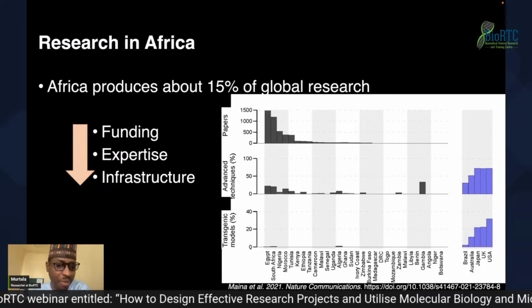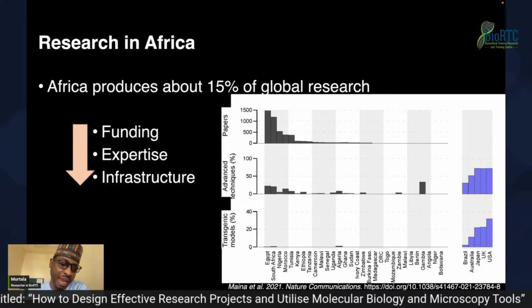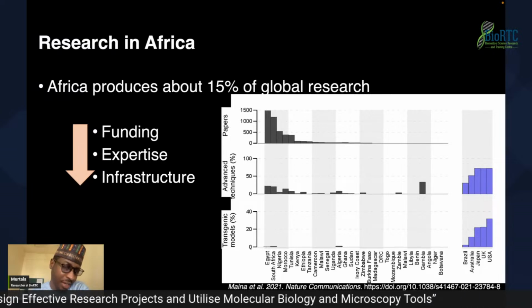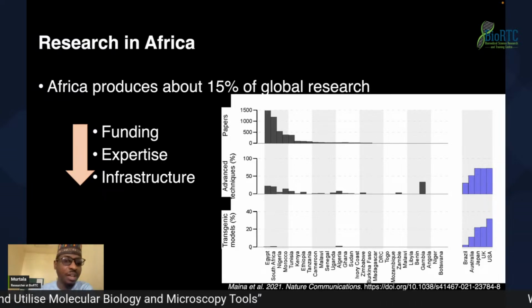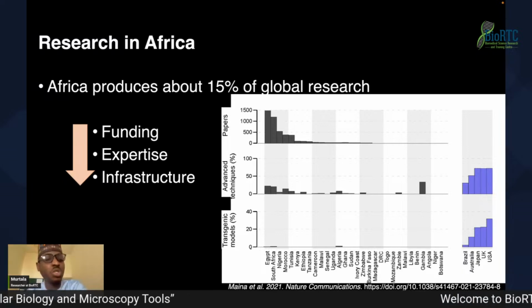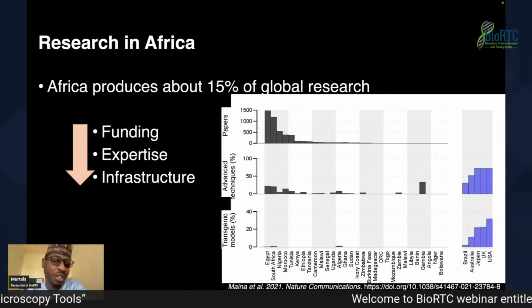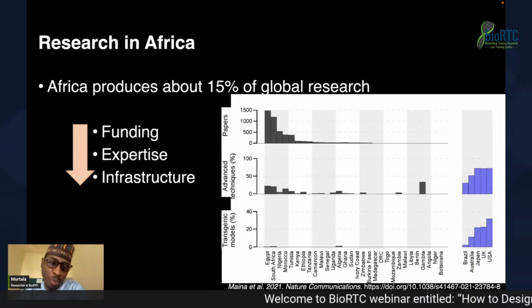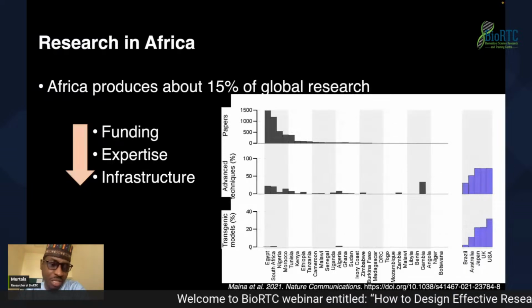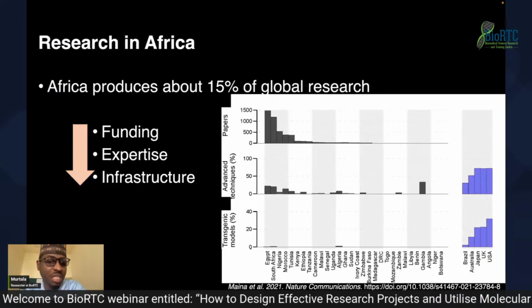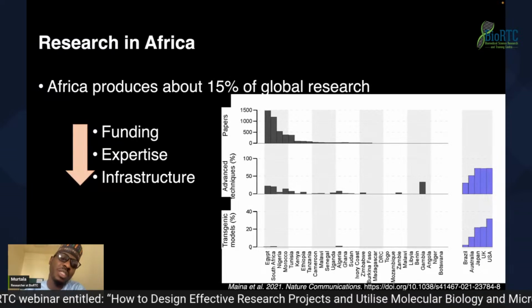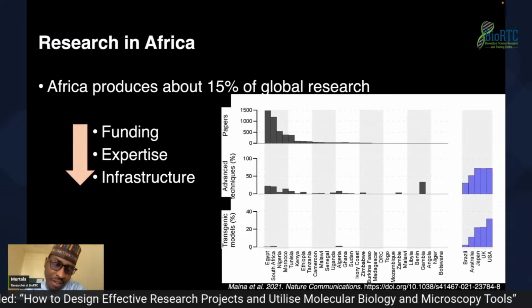The papers are there, but the quality is low. Transgenic models, for example, are almost non-existent in Africa in terms of neuroscience research. This cuts across other areas of research as well, meaning that in all biomedical science disciplines, and even engineering, it is even worse. Even the social sciences. So this problem of research that is lingering in Africa is already there.